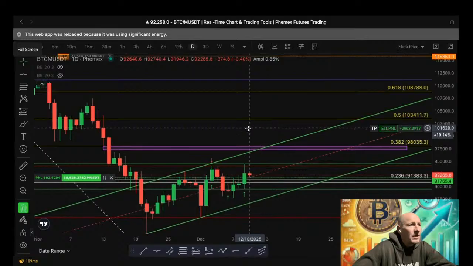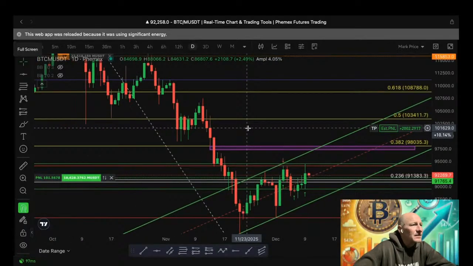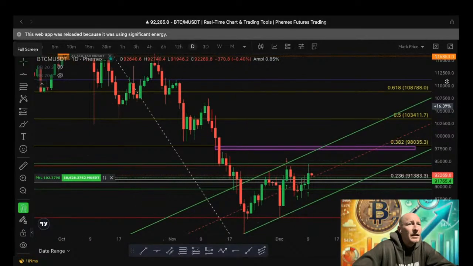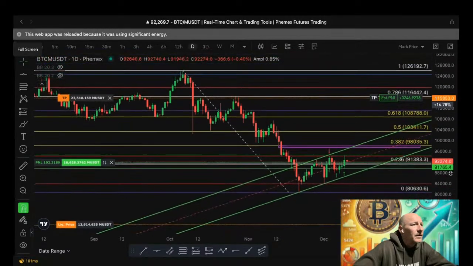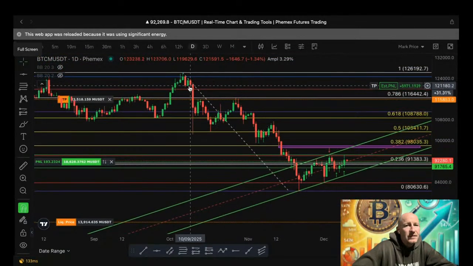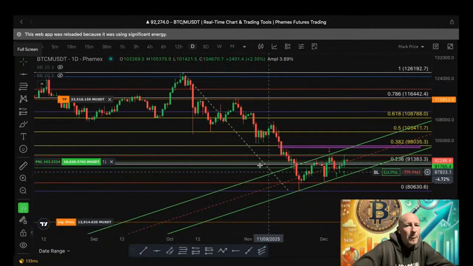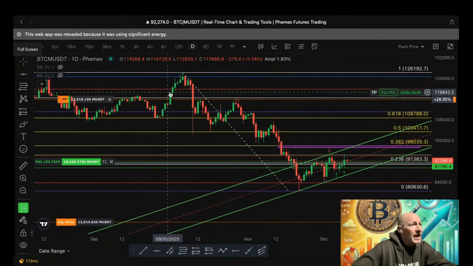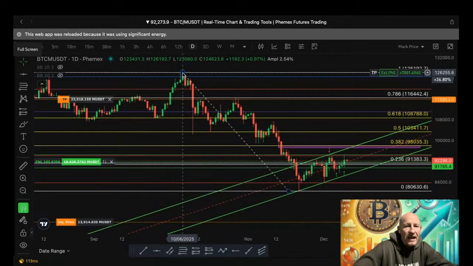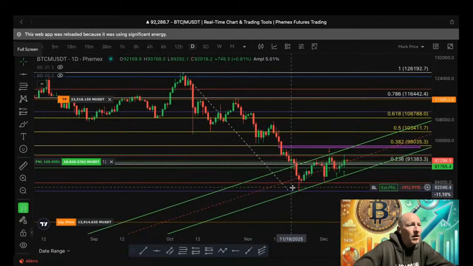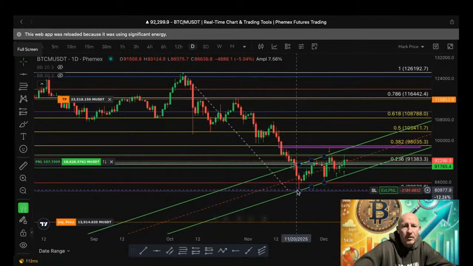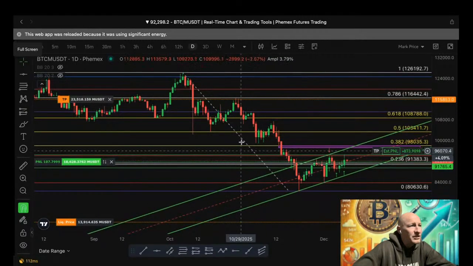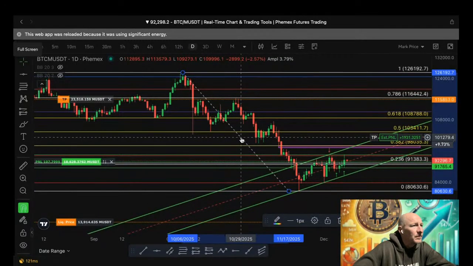Okay? What it is, if you zoom out, see this dotted line here, that was the move from the high of 126,000 all the way down to 80,500. So the Fibonacci measures that.